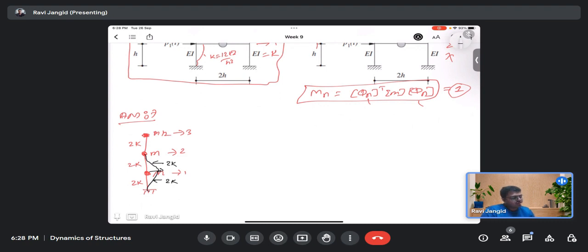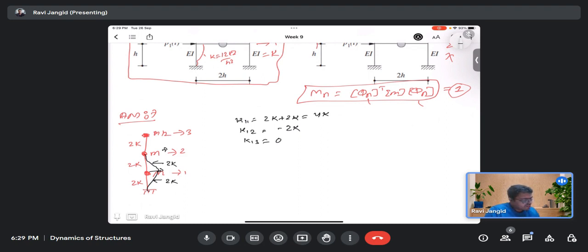So how much K11 would be? 2K plus 2K, 4K. Okay. What is the K21? Not that, K12. So K12 would be minus 2K, and K13 would be 0.